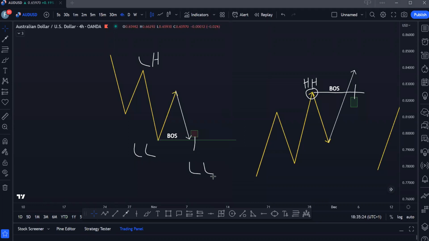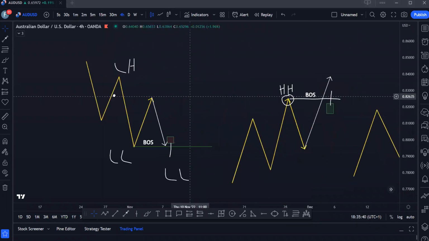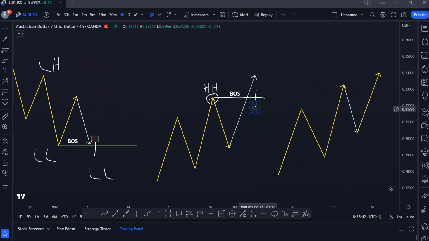Ogochukwu is asking a question. What if the body of a bearish candle appears above the higher high of an uptrend? Are you talking about something like this, Ogochukwu? So let's say this particular example.